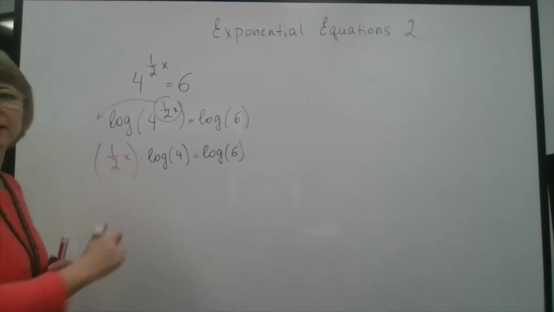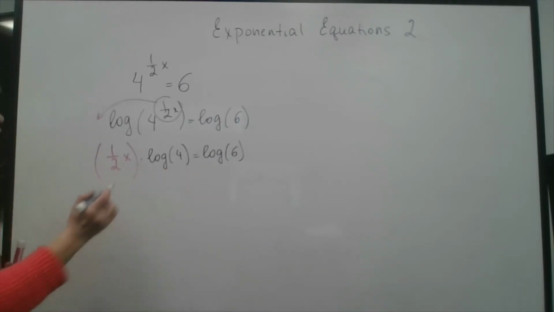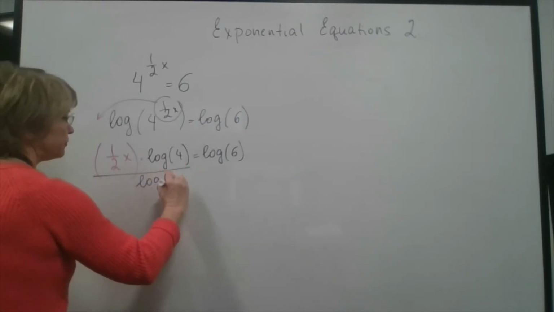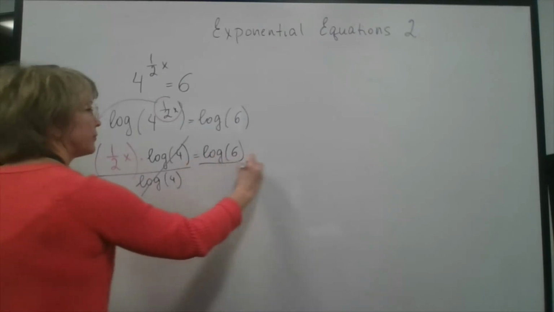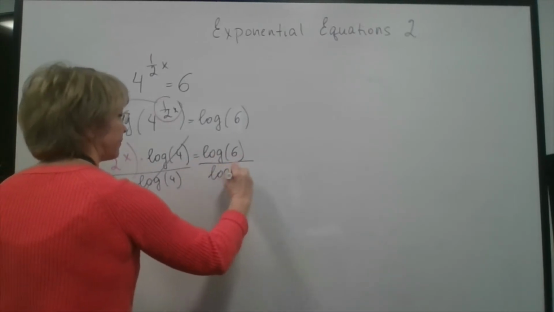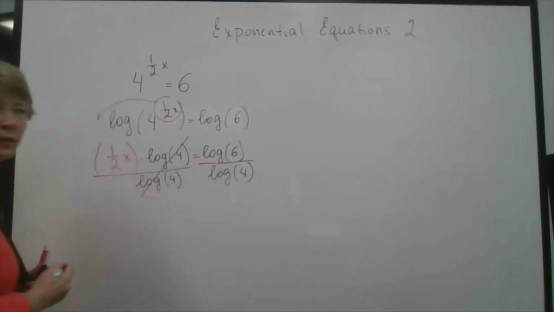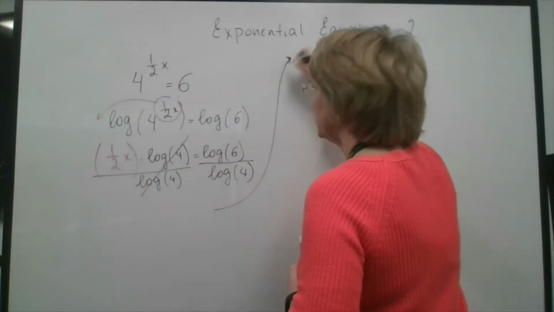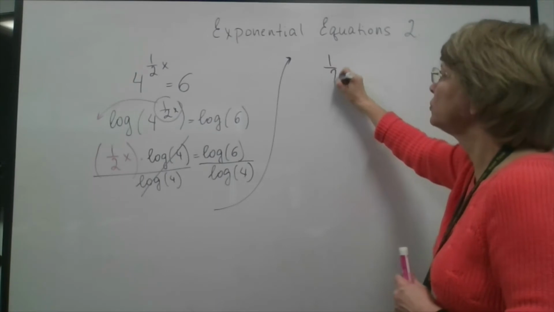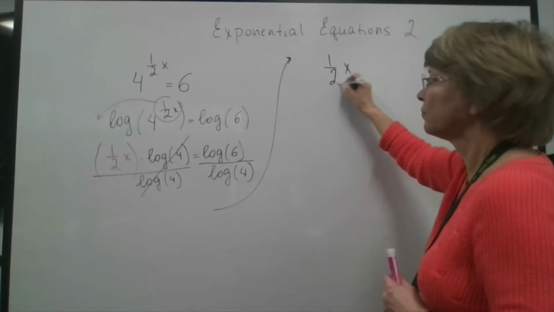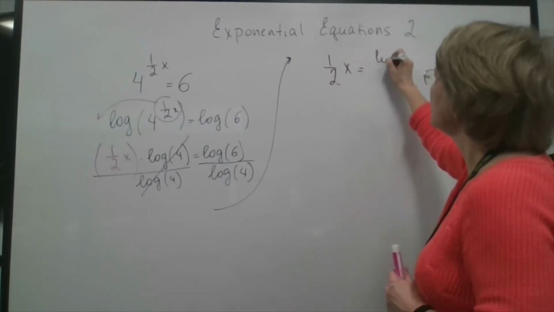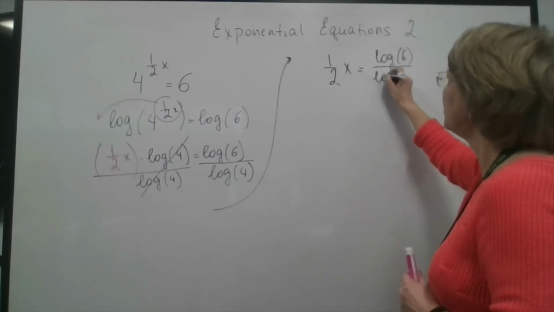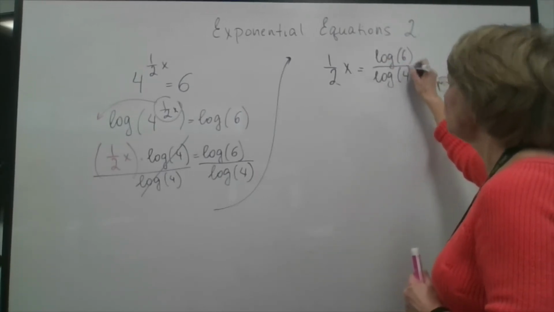We got a linear equation now, so we have to get rid of the logarithm of 4 first. It will be 1 over 2 x is equal to the logarithm of 6 divided by the logarithm of 4.